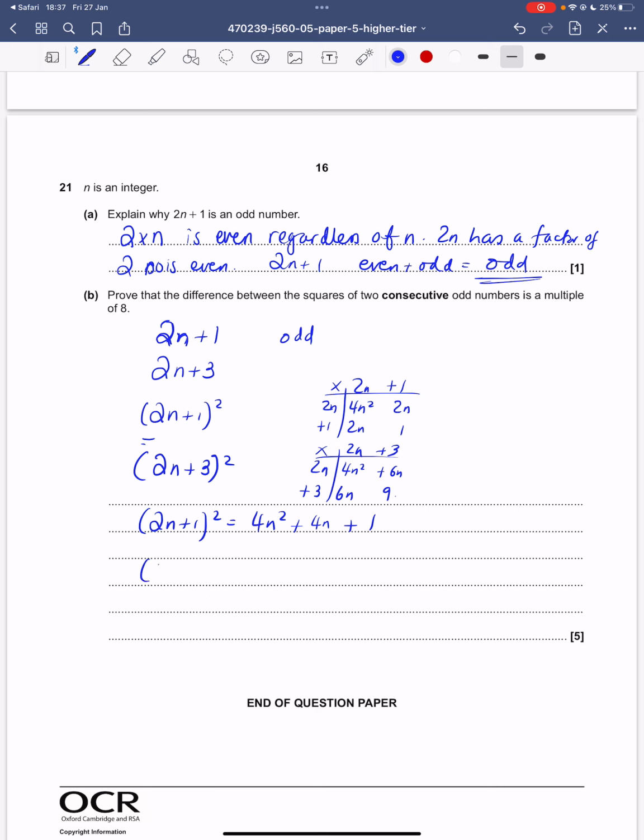So 2n plus 3 squared is 4n squared plus 12n plus 9.